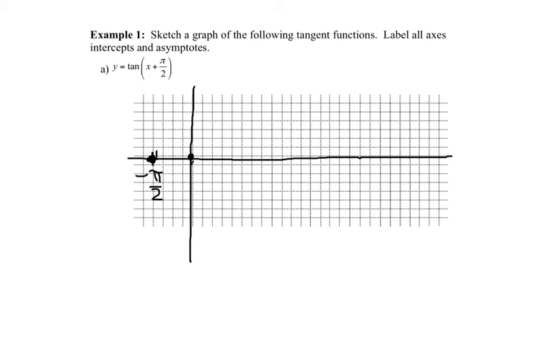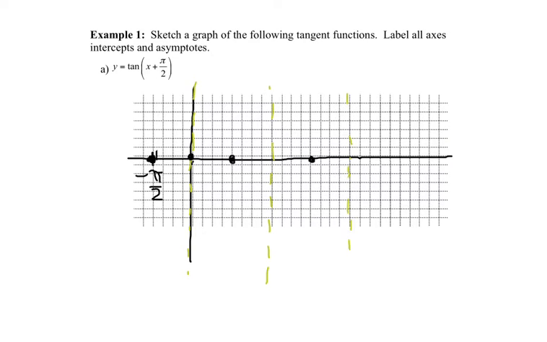We're going to have an asymptote on the axis, and then we'll have another 4. 1, 2, 3, 4. That's going to be a new y-intercept. 1, 2, 3, 4 is a new asymptote. 1, 2, 3, 4 is a new intercept. 1, 2, 3, 4, new asymptote.